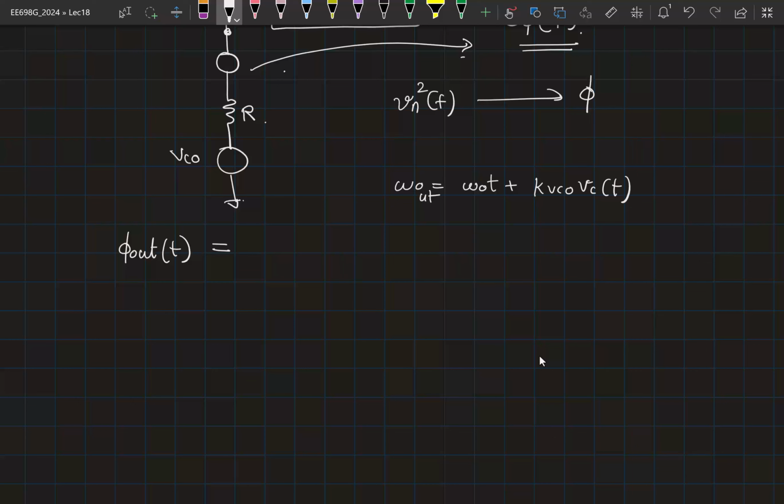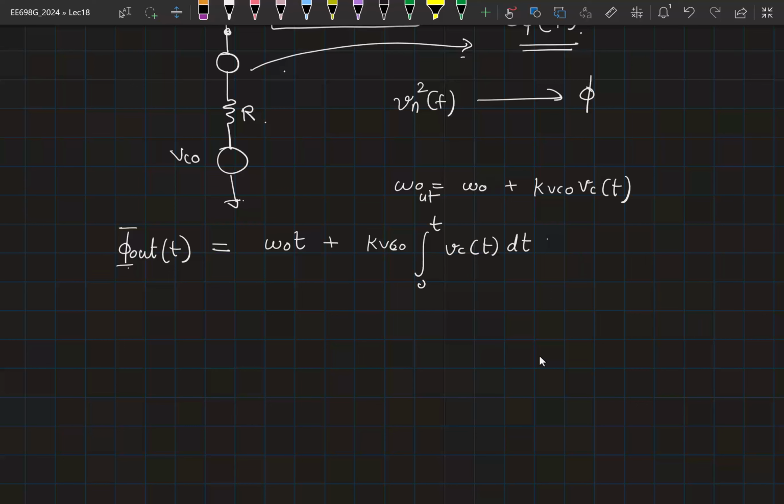Total phase will be the integral, which is omega naught t plus kVCO, integral from 0 to t of VC.